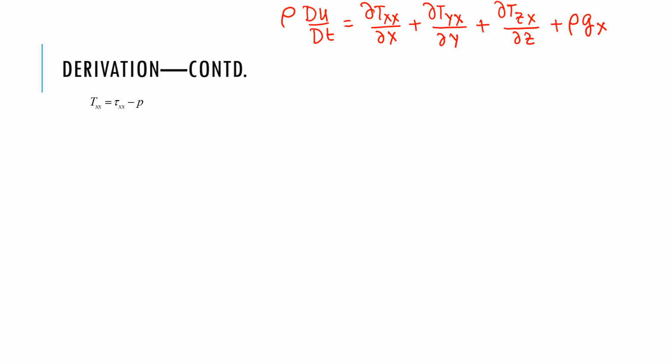And that is, how do I relate these surface forces to what we normally talk about in terms of shear force and normal forces and pressure? This relationship, like it's shown here, Txx is tau xx, which is the normal stress, and then P is the pressure.